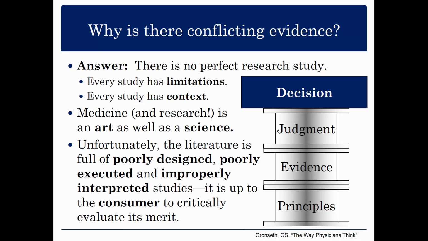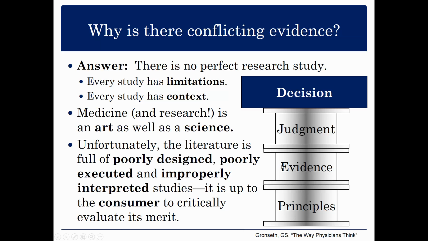So the idea behind Dr. Gronseth's talk is that a decision, whether in clinical trial research or in just treating a patient, is built on a foundation of not just evidence, but also of training and principles and some subjective judgment. So we have to acknowledge these three components.